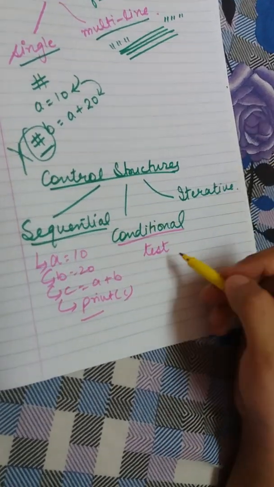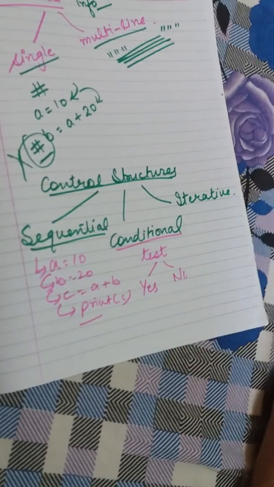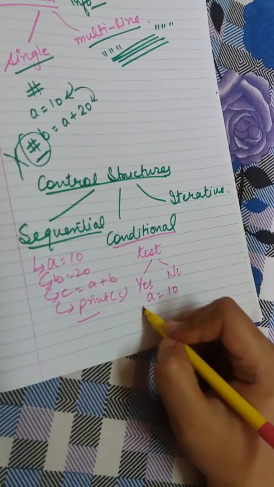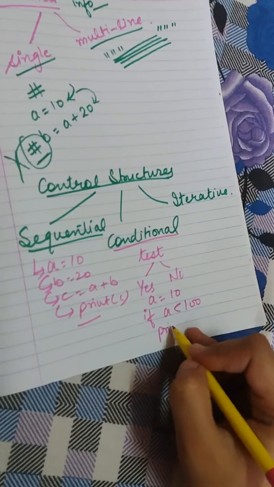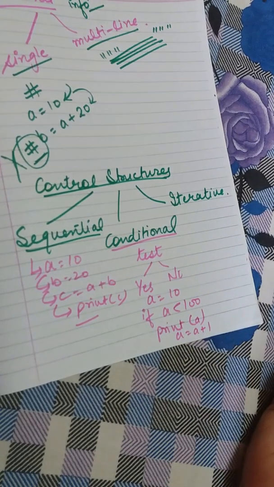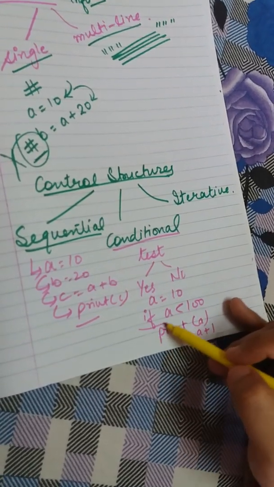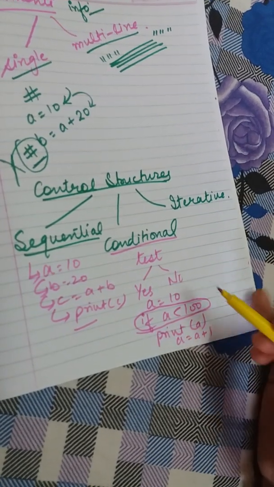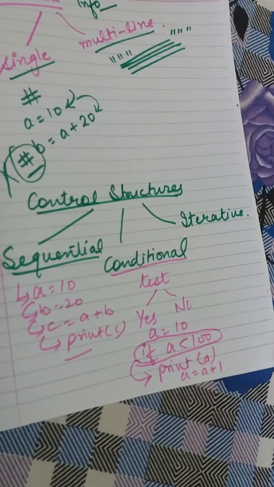Some kind of test will be there which will result in either yes or no. For example, a is equal to 10. If a is less than 100, print a. Print a is equal to a plus 1. Alright, now here this condition will be tested, then only the program flow will go to the next statement.